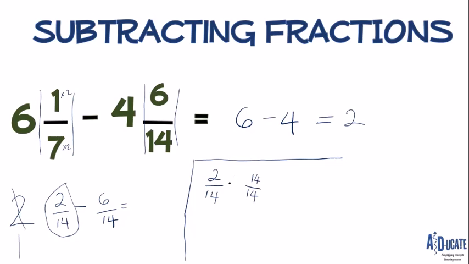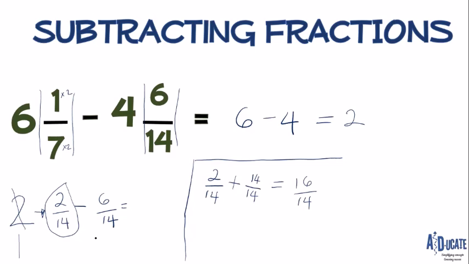We need to add that to our 2 over 14, which gives us 16 over 14. Now we have enough. You might be confused that it is an improper fraction, but it's fine for now.